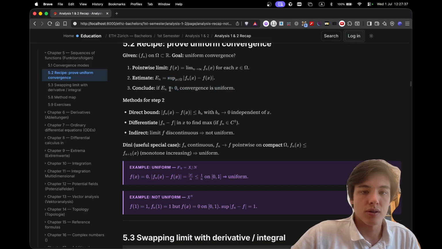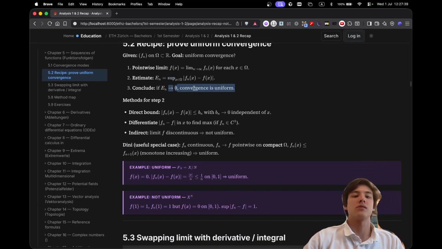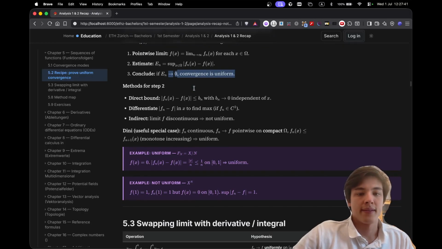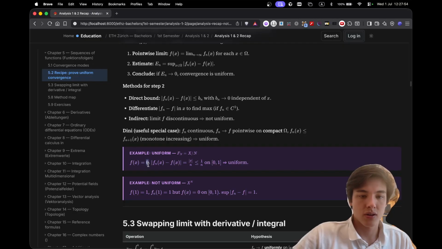If it goes to 0, then the convergence is uniform. Example: x divided by n. As n goes to infinity, this should go to 0.